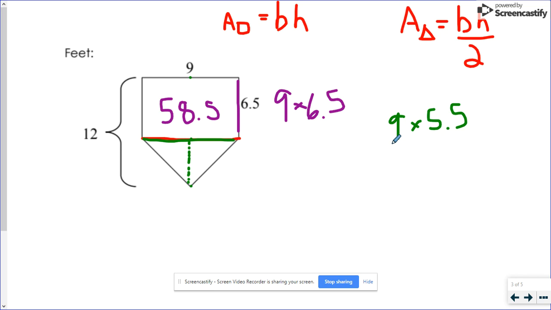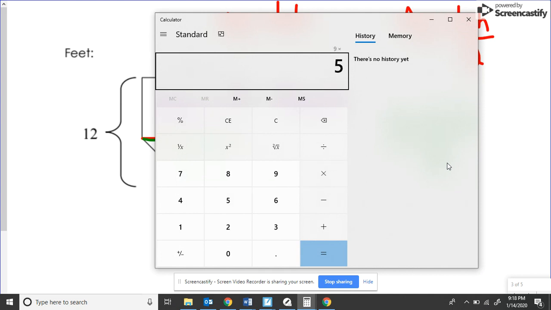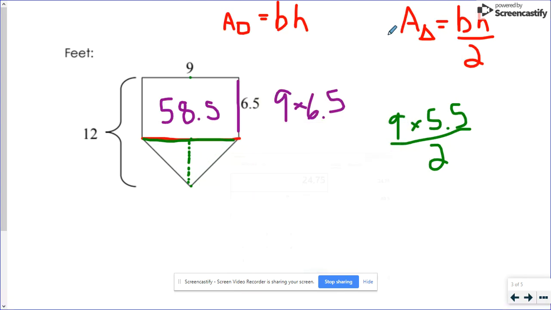Then I'm going to take all that and divide it by 2. So if I do 9 times 5.5 and divide that by 2, I find that the area of my triangle is going to be 24.75.